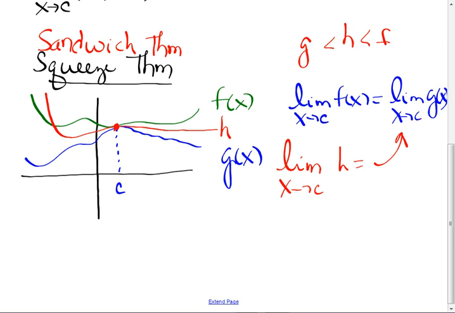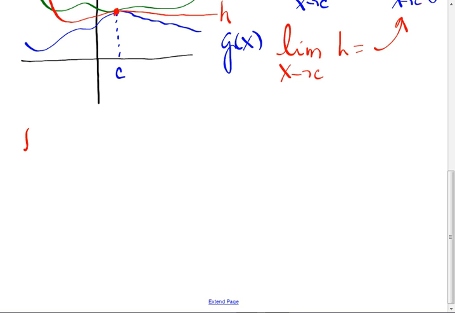A rational function is one that has a fraction. So if f of x equals 1 over x, that is not continuous where? At x equals 0. Because you can't divide by 0. Okay, guys? But this is continuous everywhere else. So this is a rational function. It's a fraction. And it's continuous everywhere except when you're at a point that's not in the domain. X can't be 0. It's not in the domain.